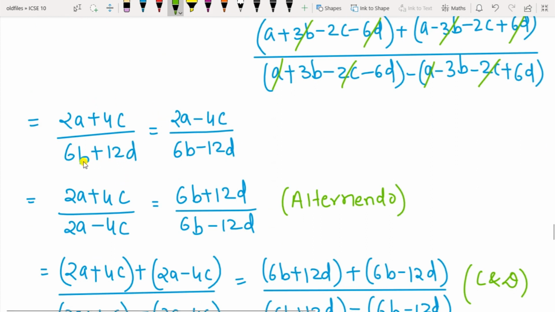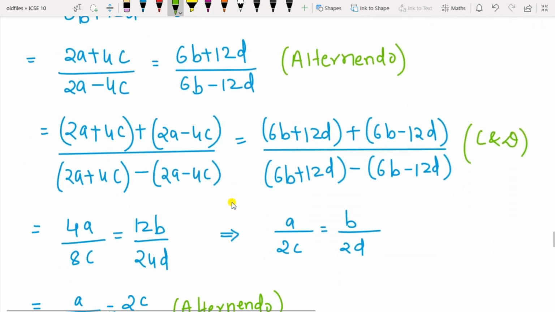Okay. Now the variables are different here. It is a and c in the numerator and b and d in the denominator. So you have to use the result alternando here. And now this is the required pattern to solve the proportion by applying componendo and dividendo form. Okay. So (2a plus 4c) upon (2a minus 4c) equal to (6b plus 12d) upon (6b minus 12d).